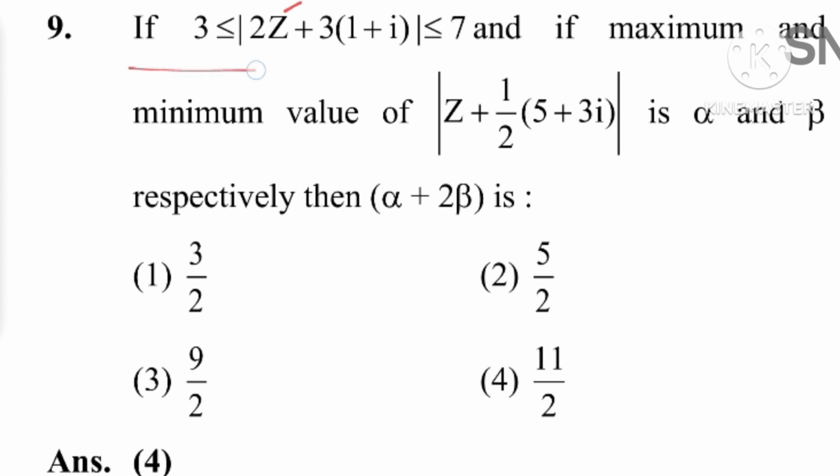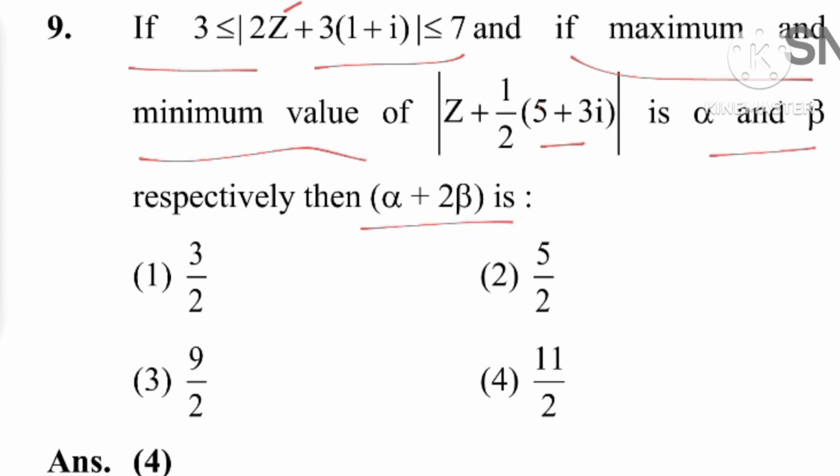Ninth question. If 3 is less than or equal to modulus of 2z plus 3 into 1 plus i, less than or equal to 7, and if the minimum and maximum values of modulus of z plus 5 by 2 plus 3 by 2 i are alpha and beta respectively, alpha plus 3 beta is.